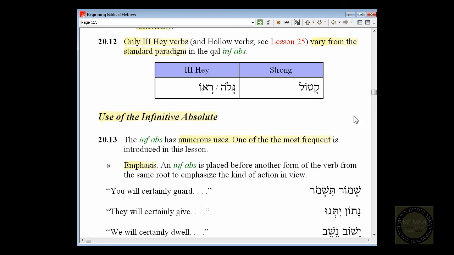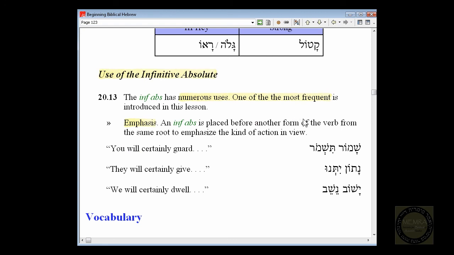Use of the infinitive absolute, a number of uses. One of the most frequent is introduced here. He only gives you one, so that's all we need to worry about. Sometimes you will have an imperfect form, and then right next to it, an infinitive absolute form of the same lemma. And when that happens, you want to translate it with some sort of emphasis. So look here. Here's our absolute, shamor.